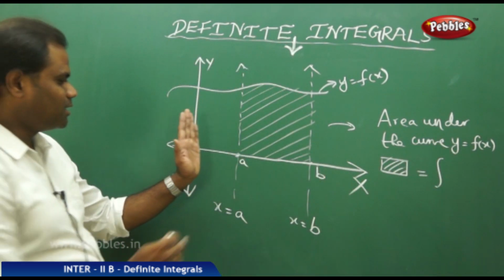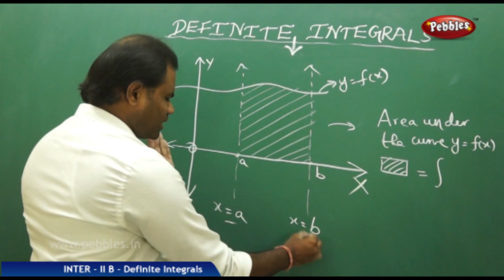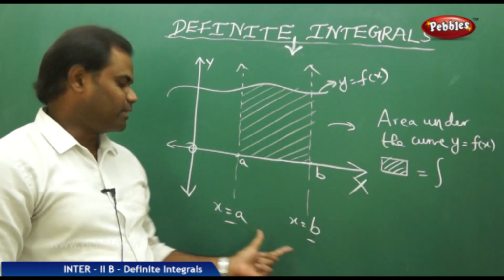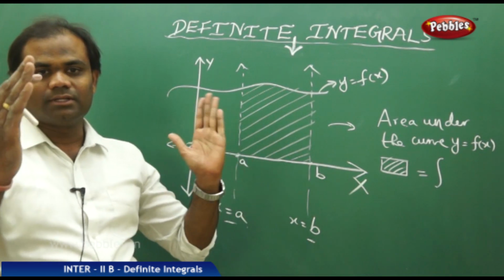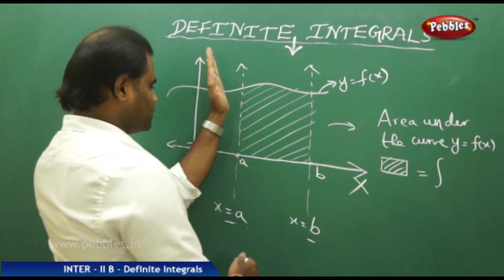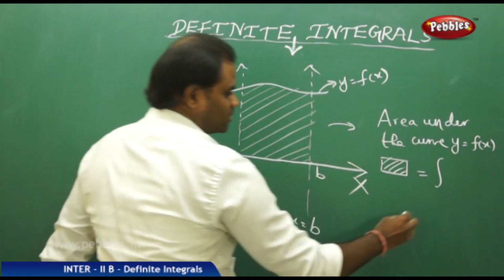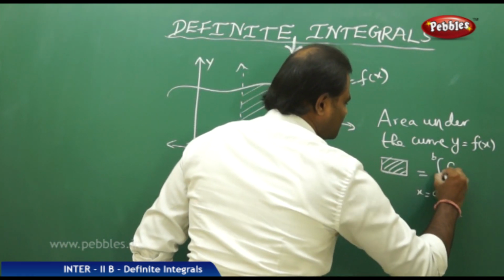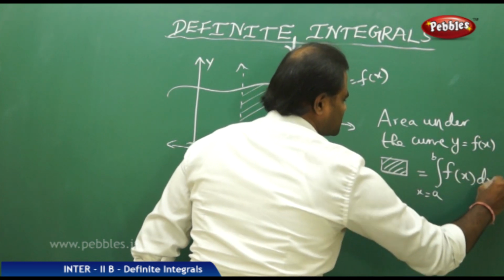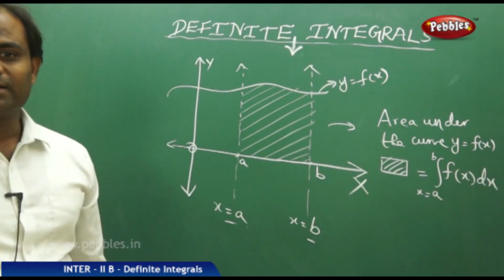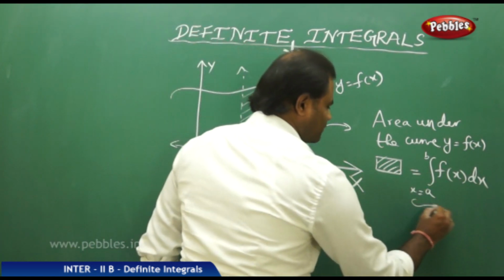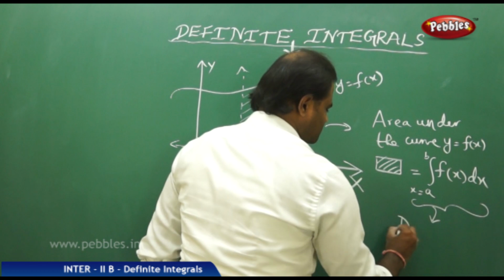Because this area is bounded between x equal to a and x equal to b, we say these two are the boundaries, where this is the lower boundary and this is the upper boundary. So we have the integral from a to b of f of x dx. So the area under the curve is given by this, which is called the definite integral.